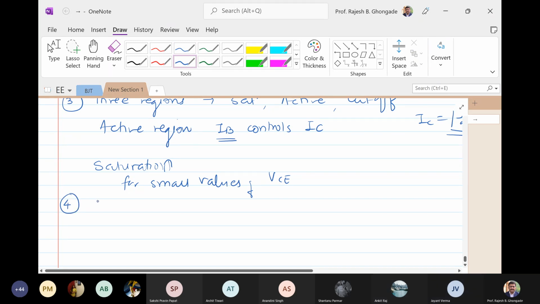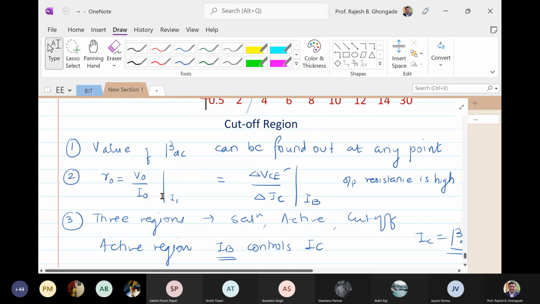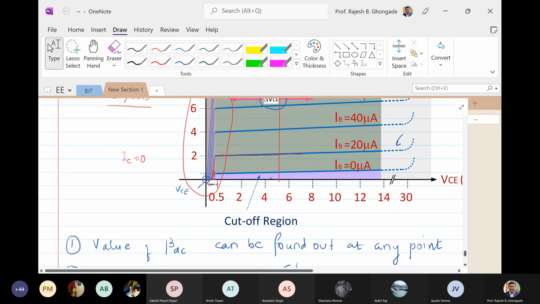Yes, so sir, cut off region. So cut off region में क्या होता है? When you have base current 0, the base current itself is 0. In that case, even if I increase the value of VCE, your collector current is very, very small. What will be its value?